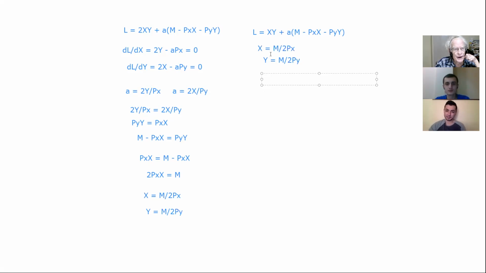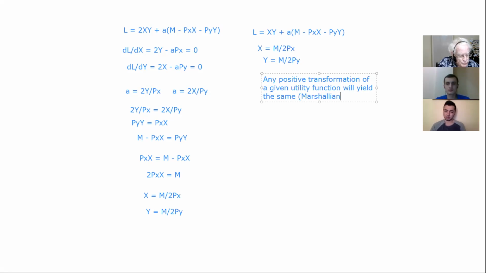And yes, there was a trick involved with these utility functions that will simplify our life enormously. And the trick is, I'll write it here, any positive transformation of a given utility function will yield the same Marshallian demand functions as does the original utility function.